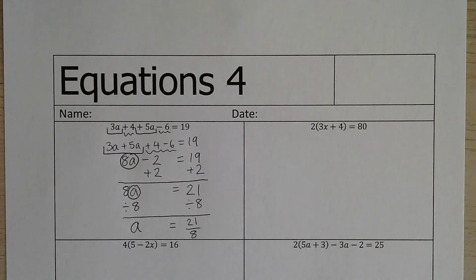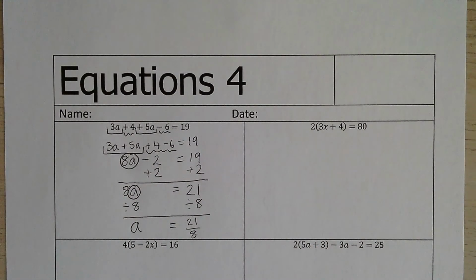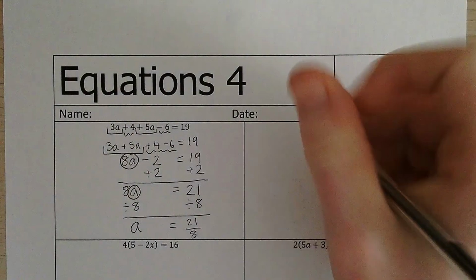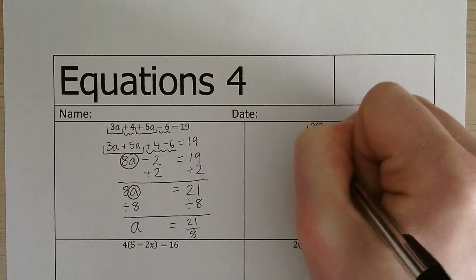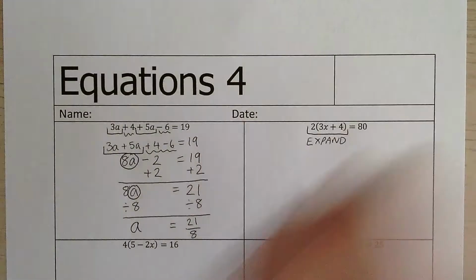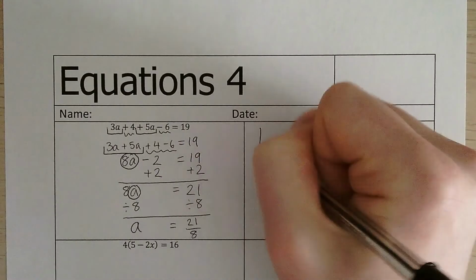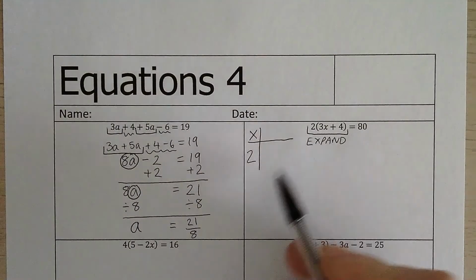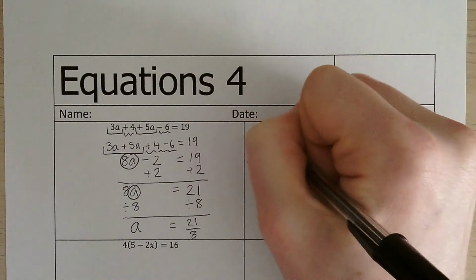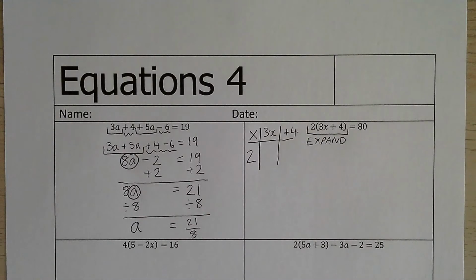If we have a look at the next question, we can see that we have a bracket. So before we can solve this equation, we need to expand the bracket. This means we need to do a grid method. 2 is going to go on the left, and 3x and plus 4 are going to go in the top row.